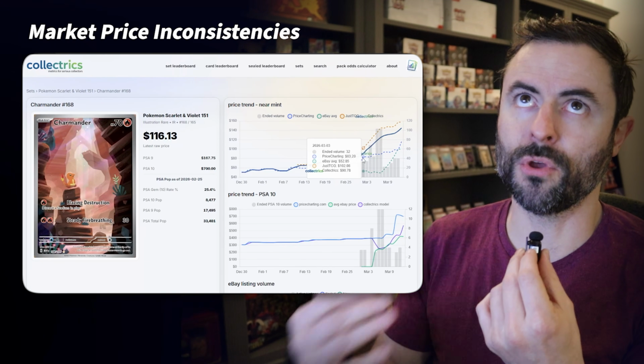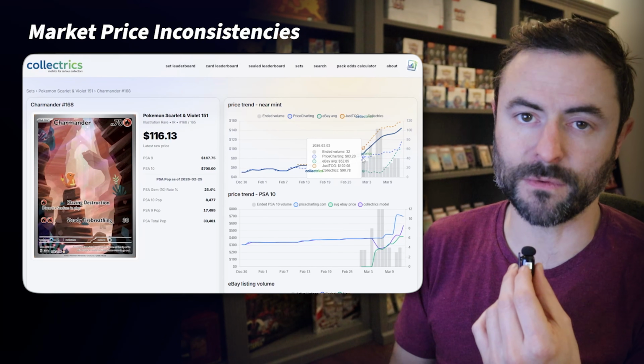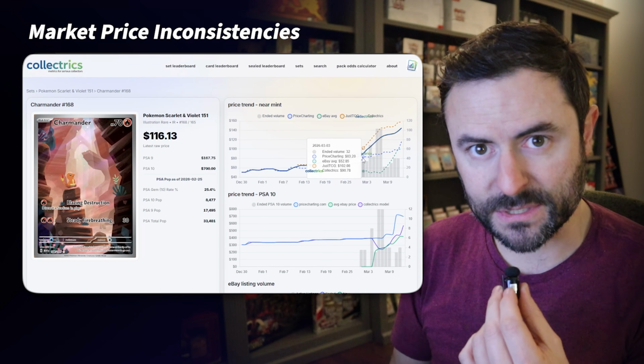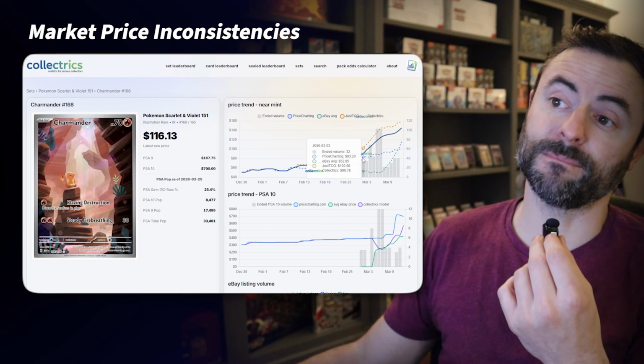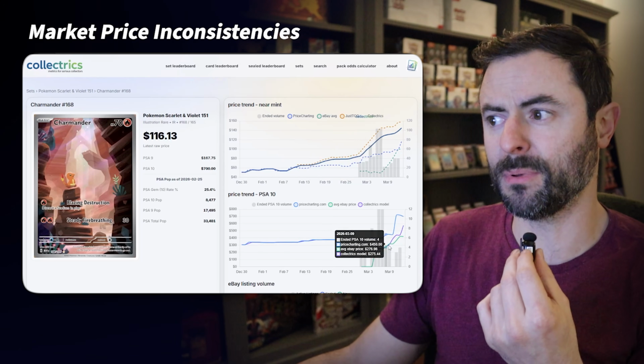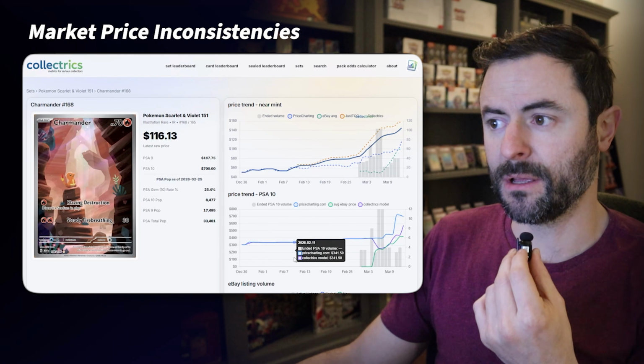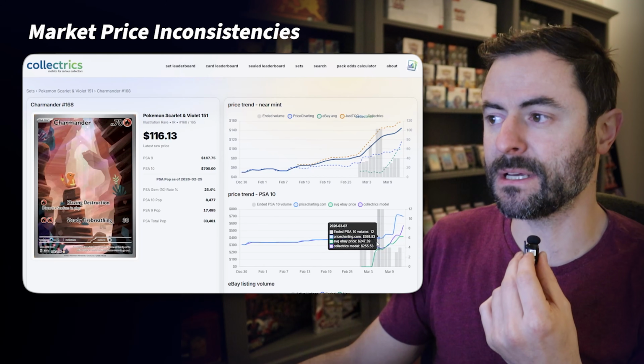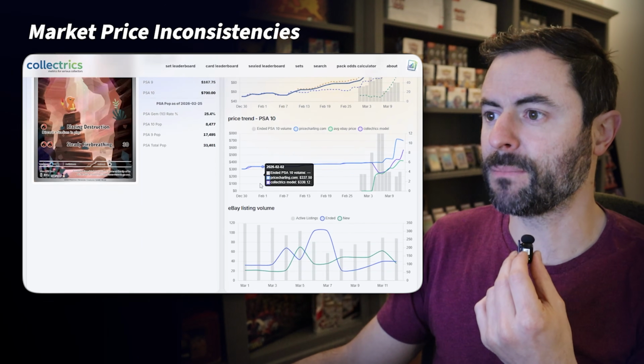There also has to be a certain amount of sales volume every day for it to influence those price changes. So that's what I'm working on. I think this would be really valuable, and I'm also applying some similar rules to the limited data I have around PSA 10s, but that's my goal.